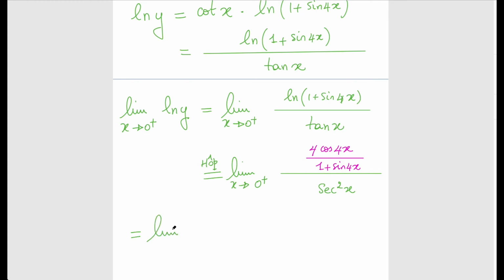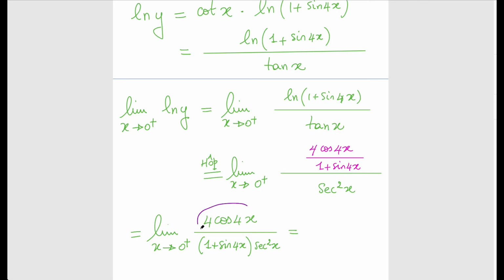And what do we obtain? That's the limit as x goes to 0 from the right of the quotient 4 cosine of 4x divided by 1 plus sine 4x times secant squared x. And as x goes to 0 plus, the numerator goes to 4, because cosine of 4x goes to 1, and 4 times 1 is 4.